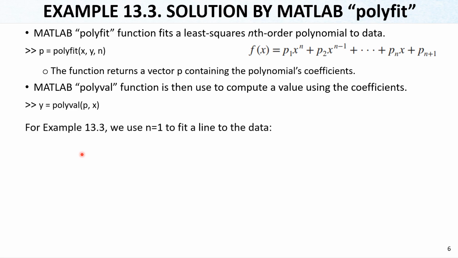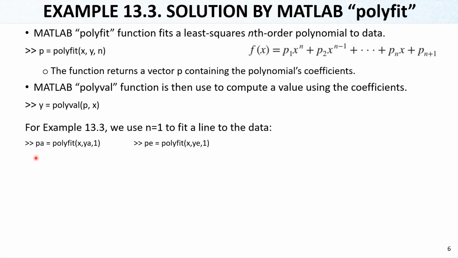So in here, for the example, you can see we used actual linear regression for the example in the previous slide for the analytical model and empirical model. If we use polyfit for the analytical model as well as the empirical model, the x's will be the same. These are the experimental data or measured data, and 1 is for linear regression. So we use the same, n is 1.